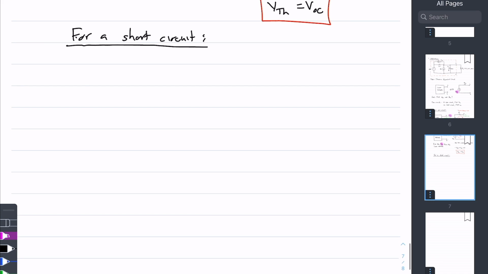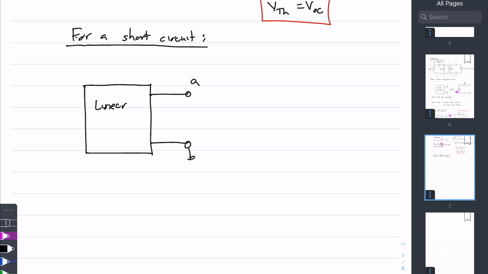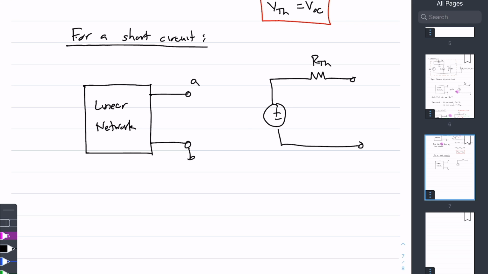So we're given the linear network, and it's the same one as previously, with two terminals A and B. Now, for the Thevenin equivalent, we have our voltage source in series with a Thevenin resistor, at terminals A and B. And if I place a short circuit across this, there is going to be a certain amount of current that flows through there externally from A to B. This is what we call the short circuit current. And it is this, given the linear network, that we're actually going to end up finding.